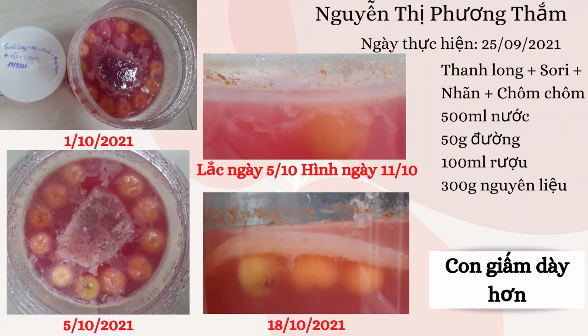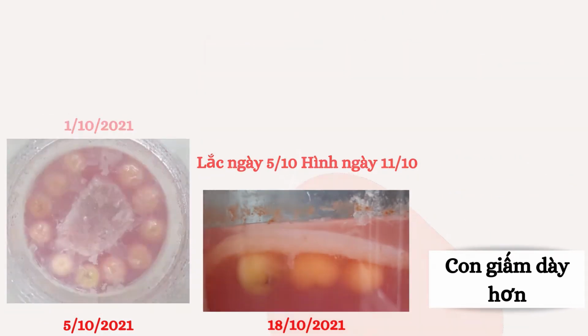Samples of dragon fruit, sorai, longan, rambutan from October 1st to October 5th showed a film due to yeast infection. On October 5th, after 6 days of shaking, vinegar began to appear, and by October 18th the vinegar was thicker.